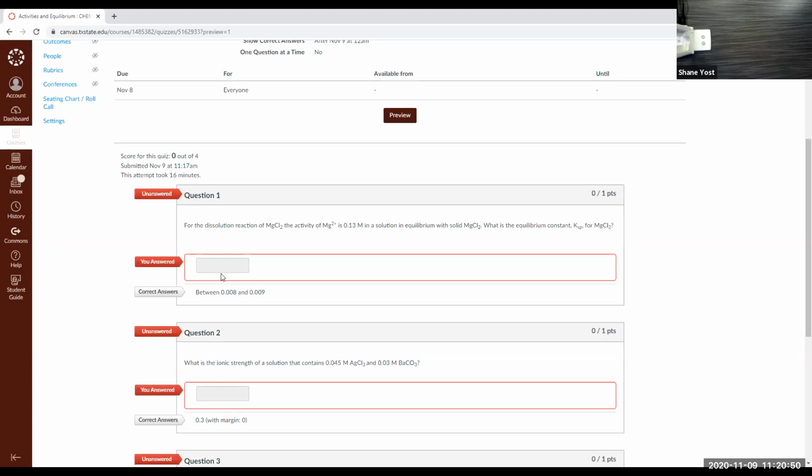And that can potentially impact the value of the mean activity coefficient if you have different units or something like that. But just whatever units you're given for concentrations or pressures in the problem, use those units for activities and such.